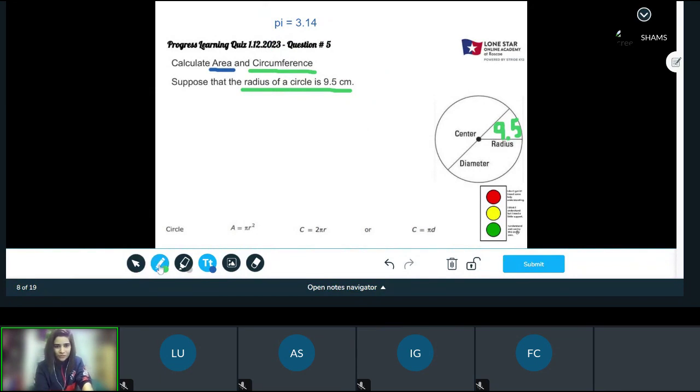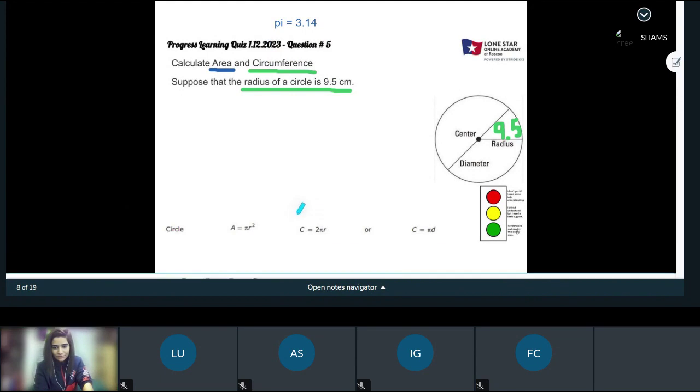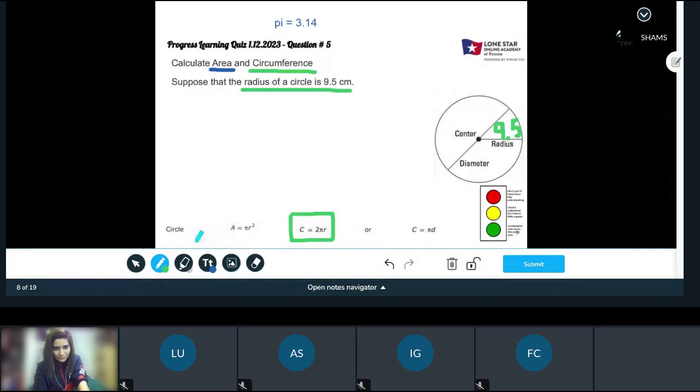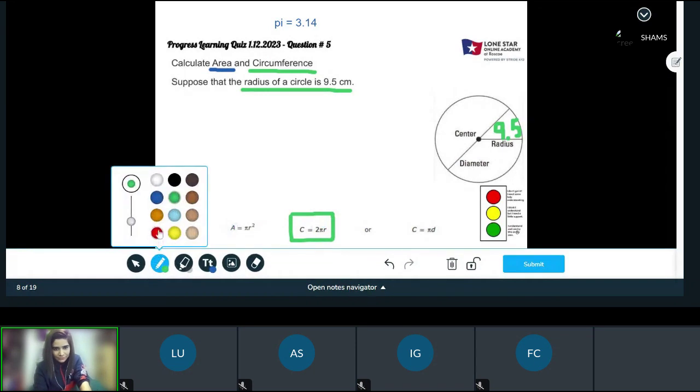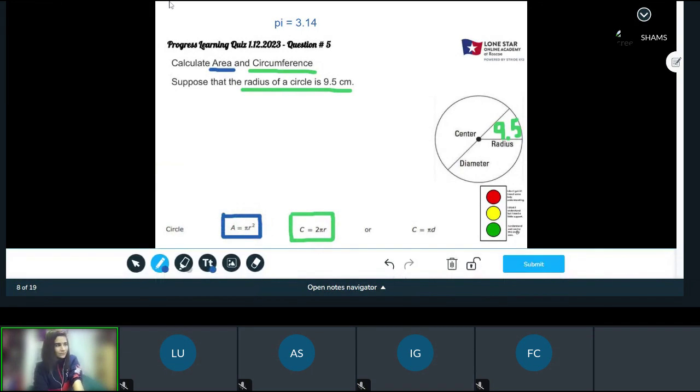I'm going to box the formulas that you will use. For circumference, I will use this formula because it has r in it, the radius. And for area, we have this formula over here. Go ahead, figure it out and show me your understanding.